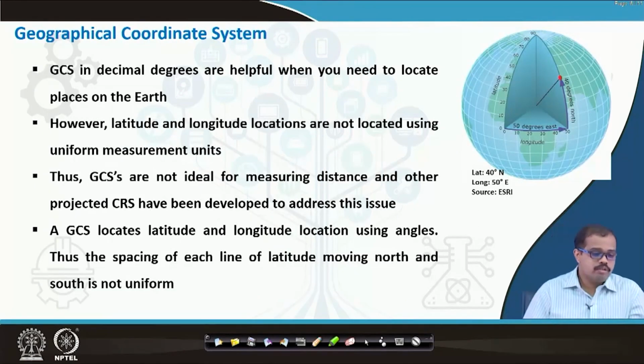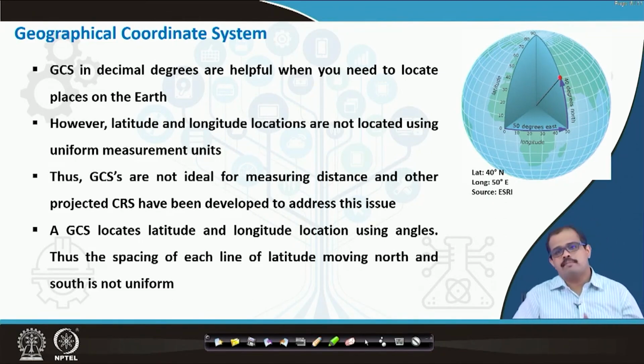The geographical coordinate system is normally in decimal degrees and is helpful when you need to locate a place on the earth. A very good example that many of you have probably looked at is Google Maps.